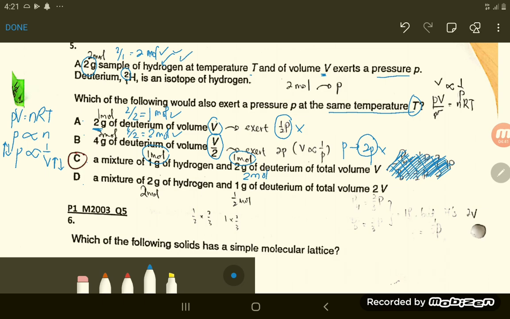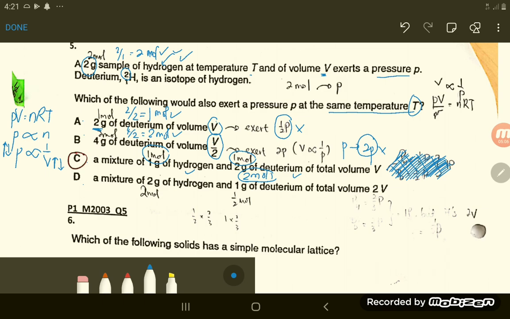Okay, so just remember, for any gas, despite different types of gas, it will exert the similar level of pressure. So just like we know that 1 mole of any gas occupies 24 dm cube at RTP. All right, so you have 2 mole here, whether it's deuterium or hydrogen.